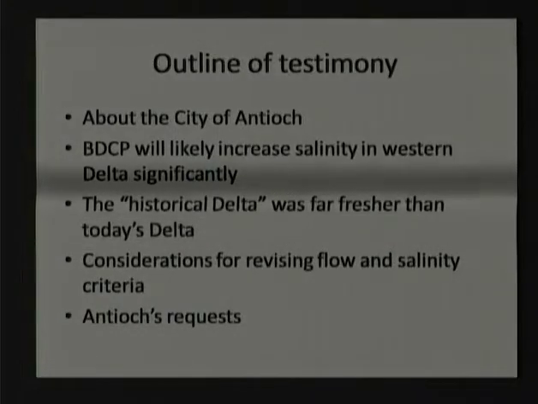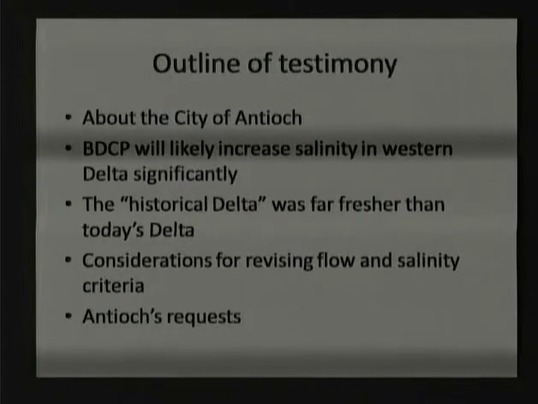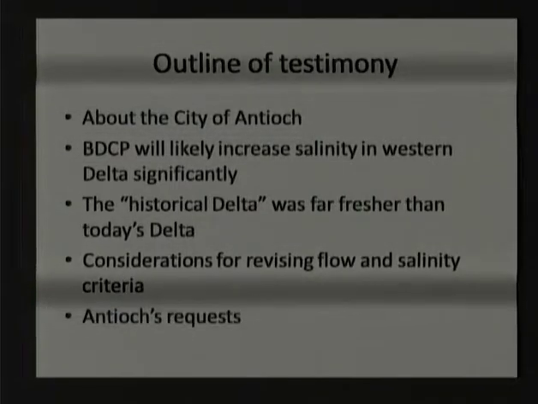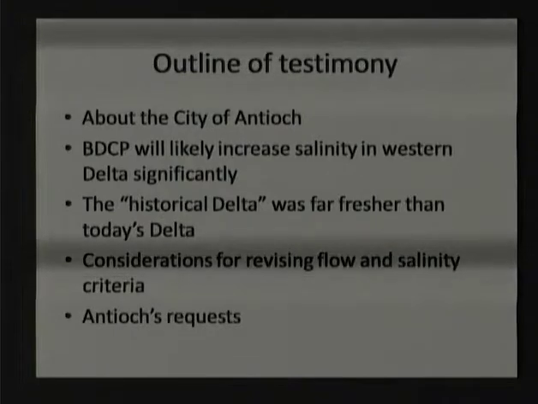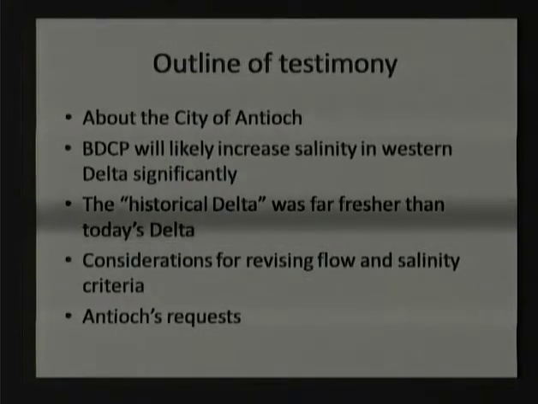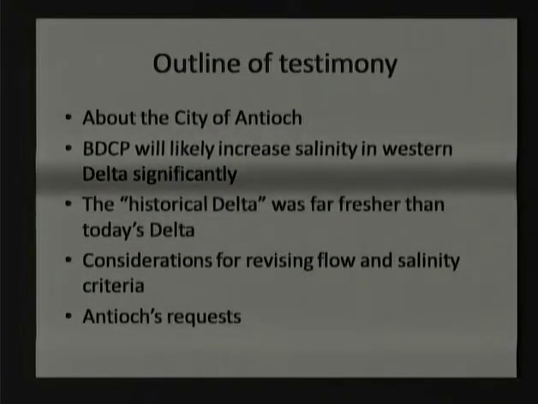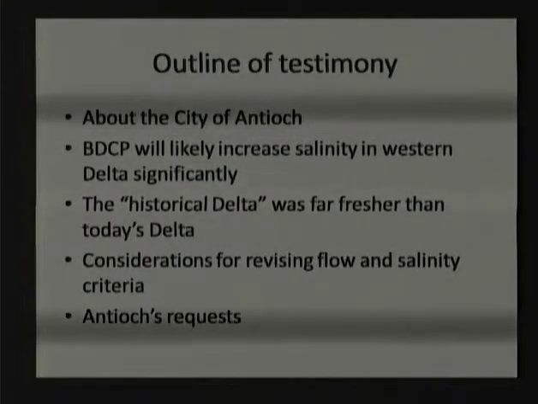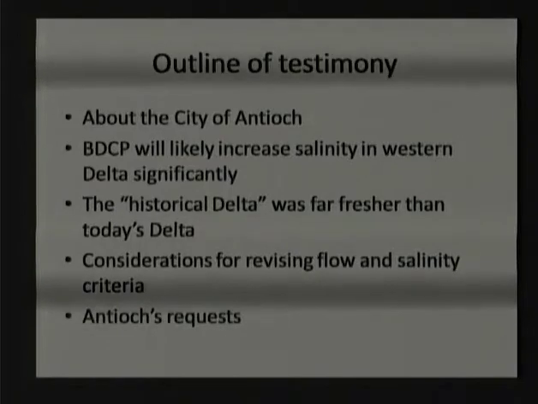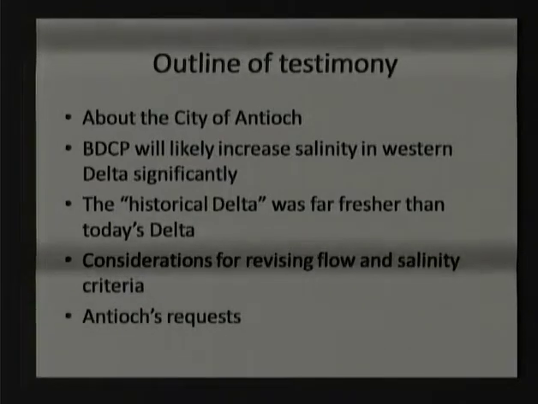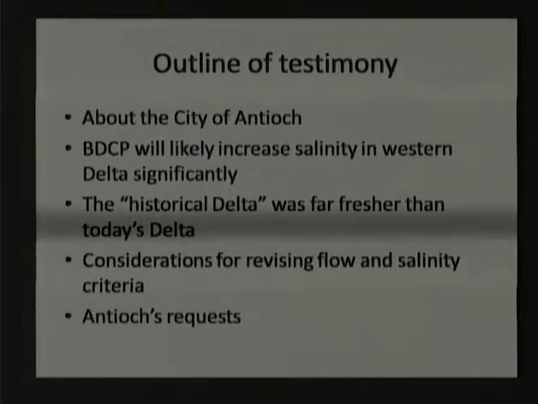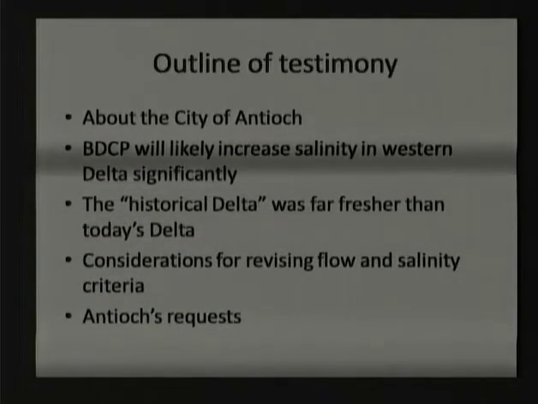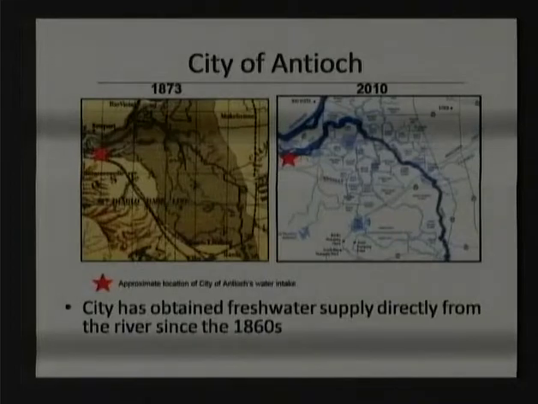But the information about BDCP, as well as a couple of other pieces of information, are new since that period of time, and hopefully will inform the decision making and the discussion that we all have as we go forward. And then I'd like to put that into context and talk about what the delta looked like historically, and the conditions to which the native species in the ecosystem presumably were adapted, and then how that all fits into revisions to water quality criteria, and finally Antioch's requests.